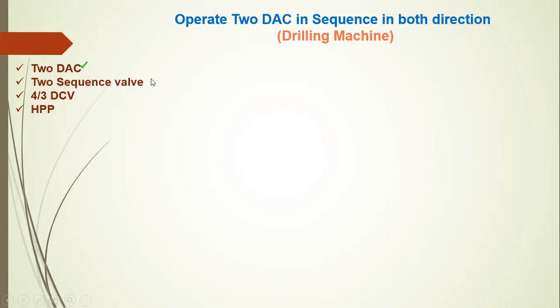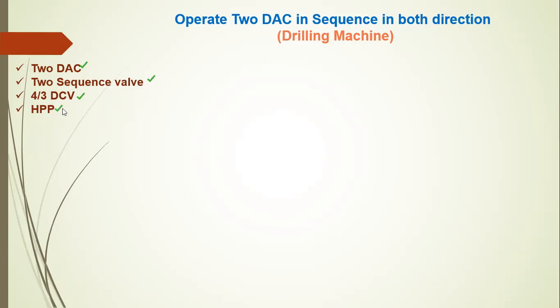Then we require one 4 by 3 or 4 by 2 DCV. You can use the 4 by 3 in specific types: open center, closed center, tandem center or regenerative. We can use these types of direction control valve in a hydraulic circuit.